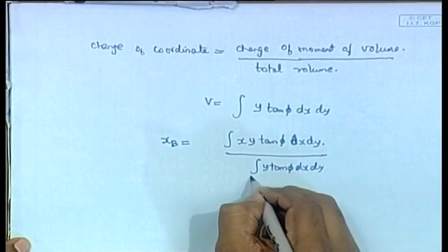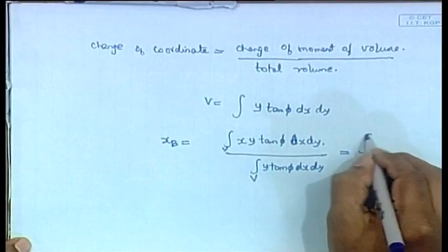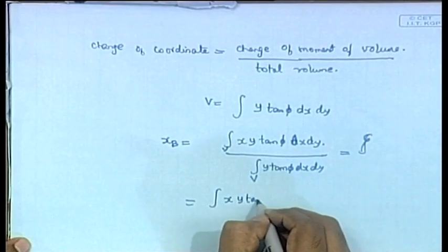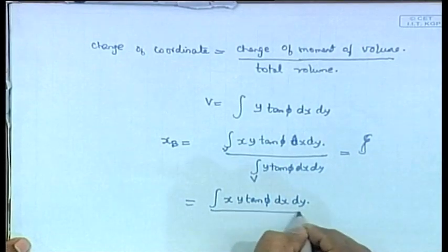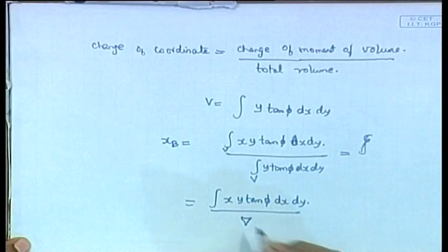This is the whole integral over the whole volume. So, this is equal to the integral of x y tan phi dx dy divided by, what is this at the bottom? It is actually the total volume of the submerged part. So, it is del.